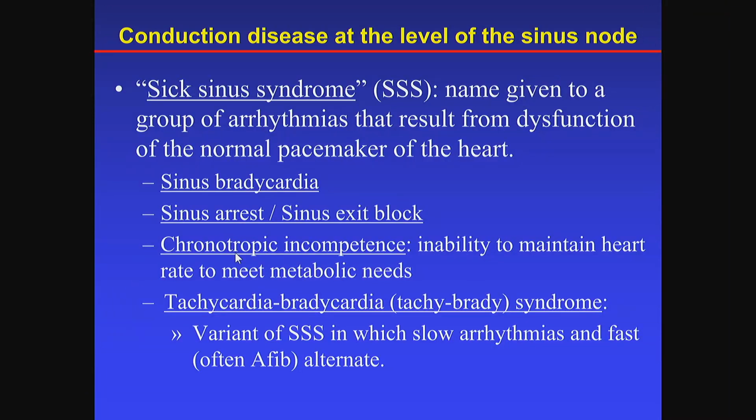Chronotropic incompetence, which refers to the inability to maintain heart rate to meet metabolic needs. And tachycardia bradycardia syndrome, which is a variant of sick sinus syndrome in which slow arrhythmias and fast rhythms alternate, often in the setting of atrial fibrillation.